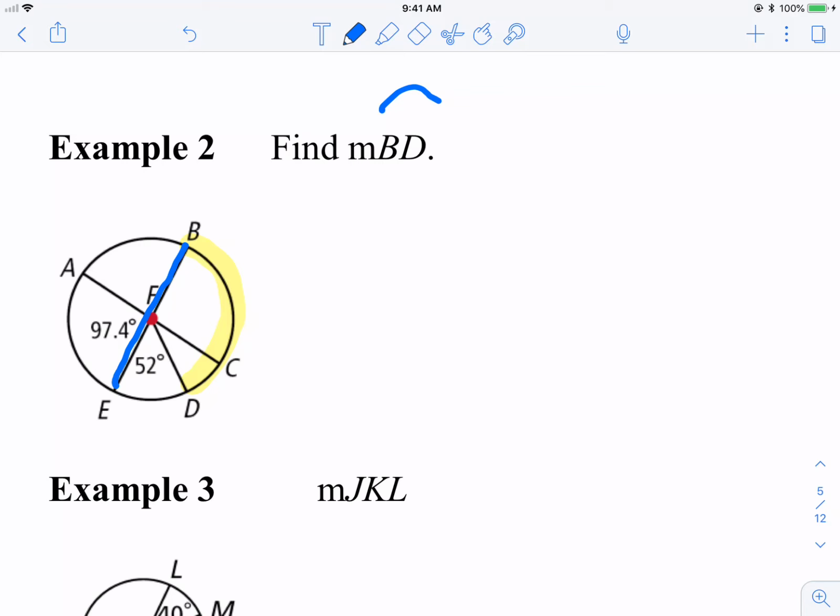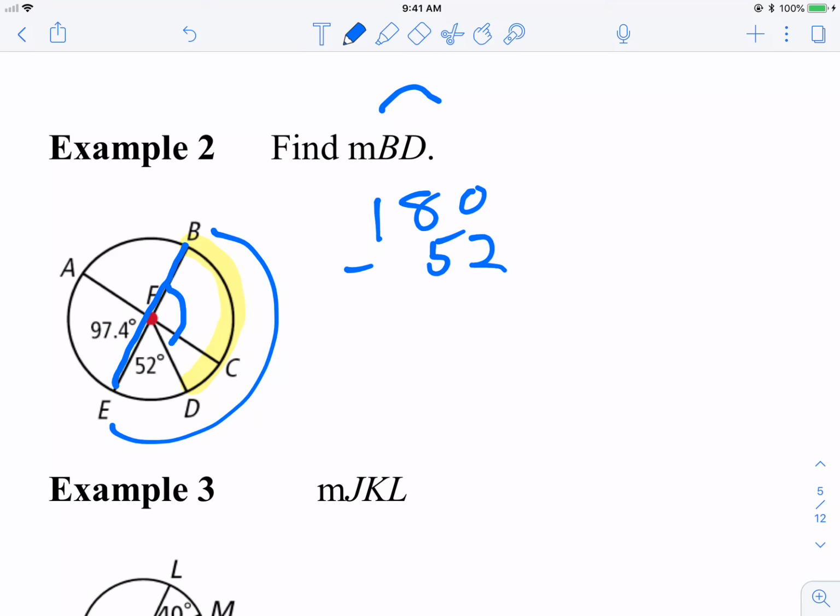And the part that we're missing right there, we know that is the central angle that corresponds with the arc that we're trying to find. So if this diameter means that this BE arc is 180 degrees, from that 180, let's subtract away the 52 degrees, and we're going to be left with the measure of our remaining central angle, which is our remaining arc, 128 degrees for the measure of arc BD.